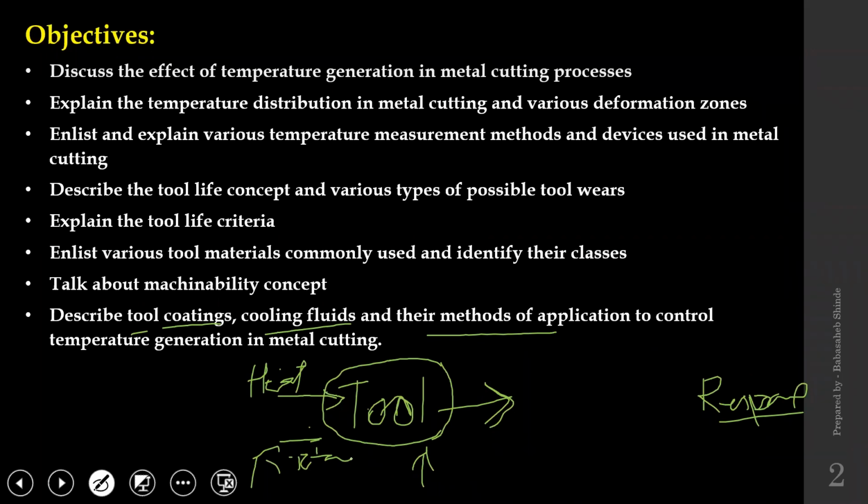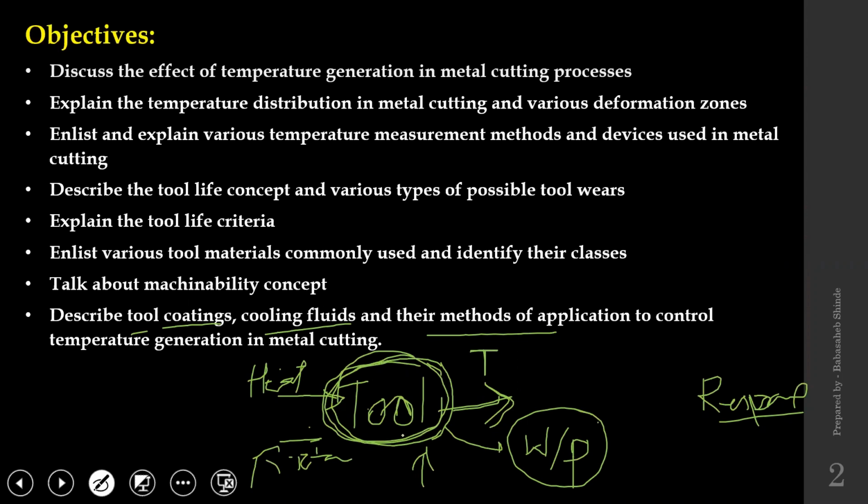Or when the temperature of the cutting tool increases, as we discussed earlier, there might be a chemical reaction taking place between cutting tool and workpiece material. And what I want is that reaction should not be there. So I will coat this surface with certain material so that it will eliminate this reaction at elevated temperature. So that way you can improve the properties of the existing tool by providing certain coatings.